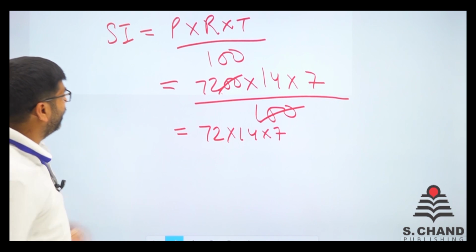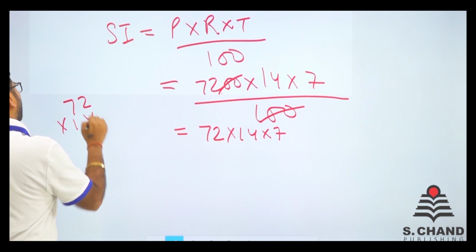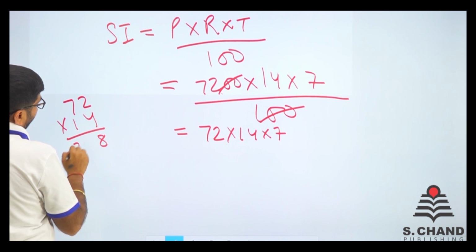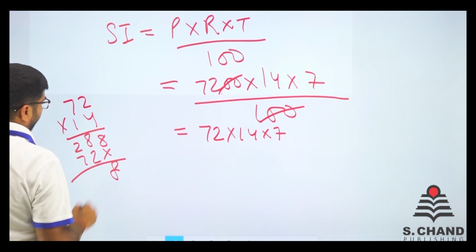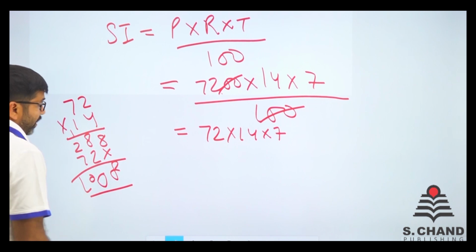Do it in a very easy and simplified way. 72 into 14. So 4 2s are 8, 4 7s are 28. We write 72 here, we got 8 here, we got 0 here, we got 1 here, 1008.